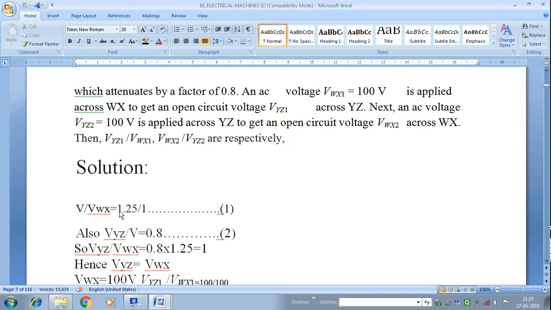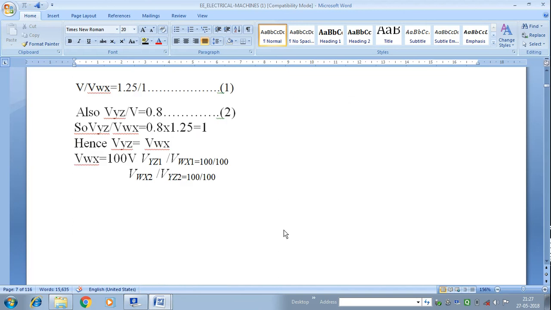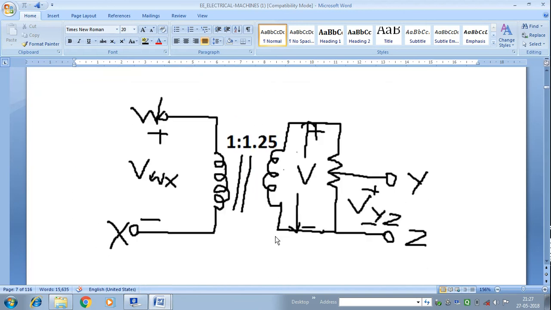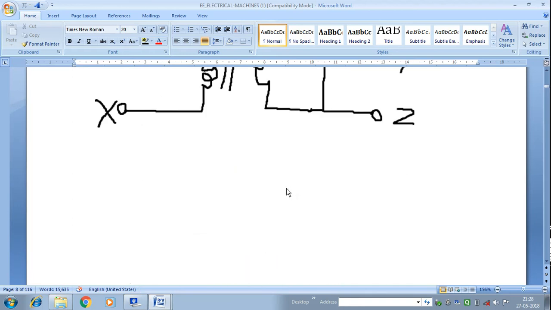N2 by N1 is equal to V2 by V1. So V2 is your V, and V1 is VWX. So V2 by V1, that is V by VWX, is equal to N2 by N1, 1.25 by 1.